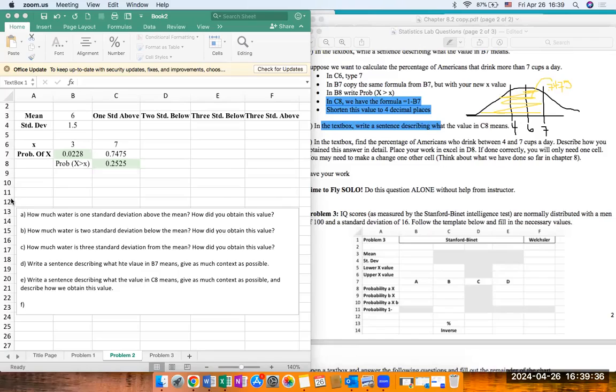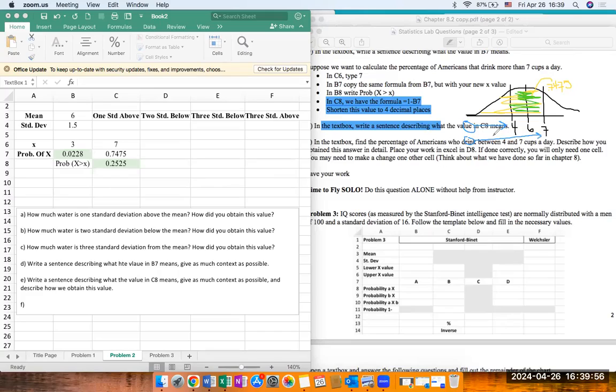However, we now really are searching for this part right here. But how Excel works, we said, is always from 0 to your value.